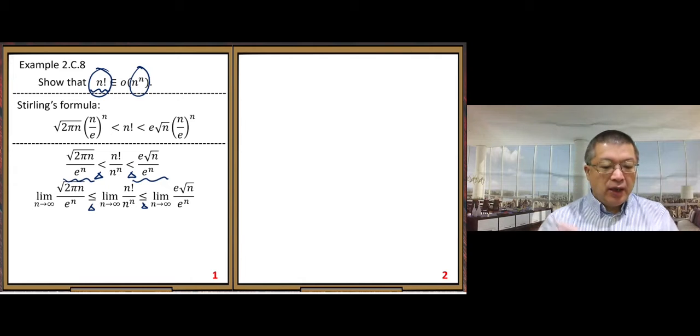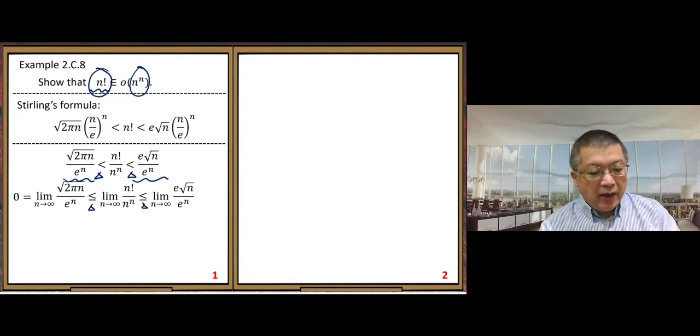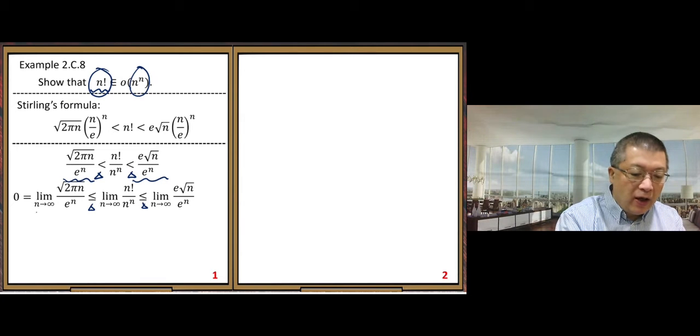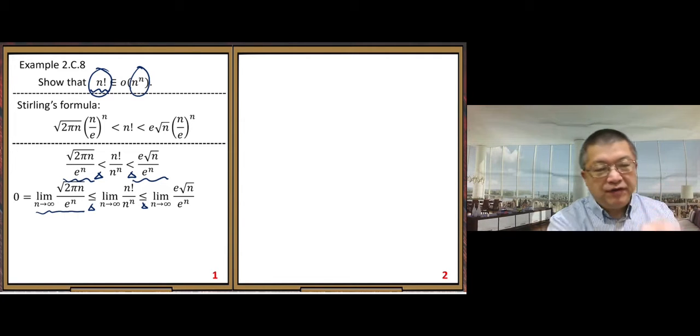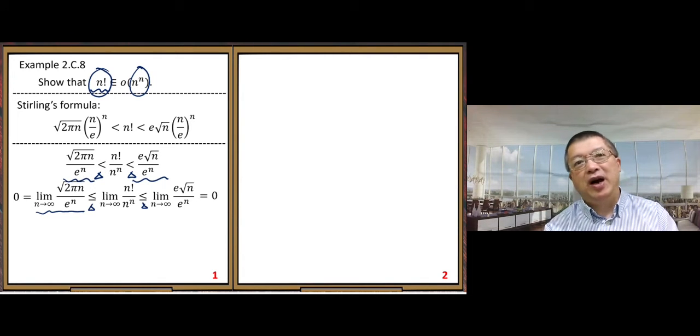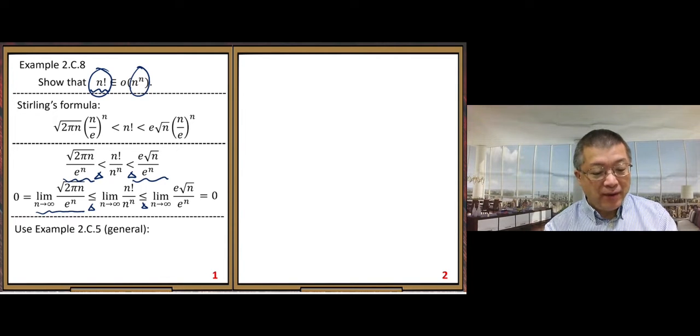All right. Now let's consider these limits. We can say the limit equals 0 for the left function. And the right function limit also goes to 0. Why? The reason is pretty simple. Remember, we did one example, C.5 before.